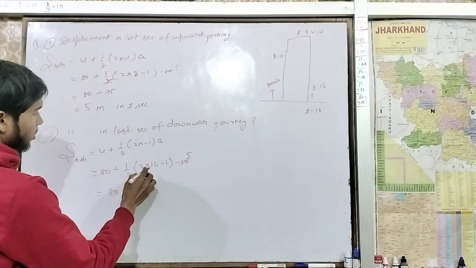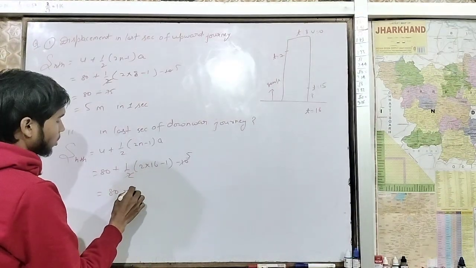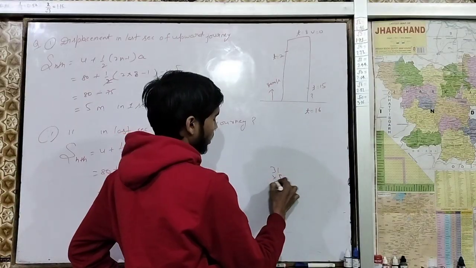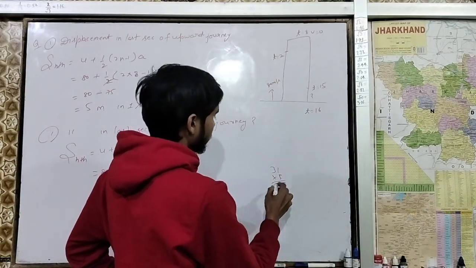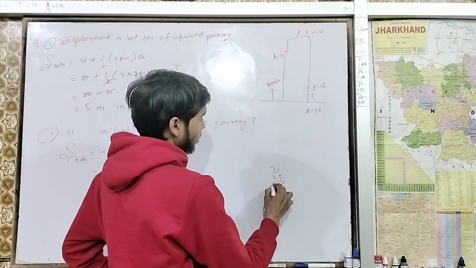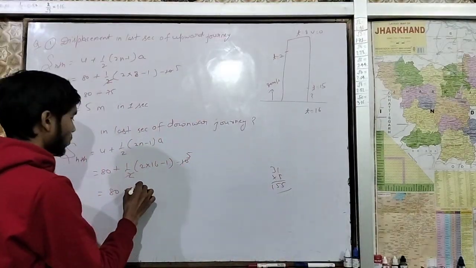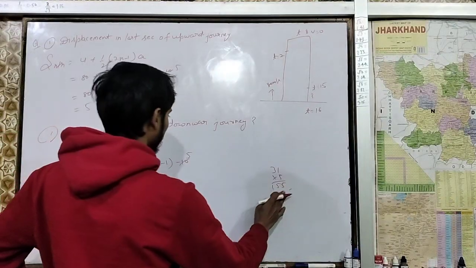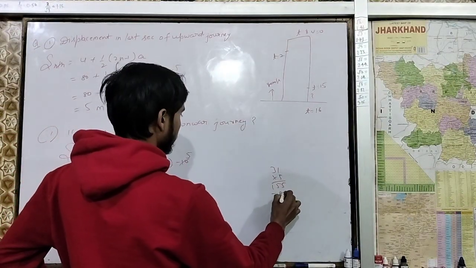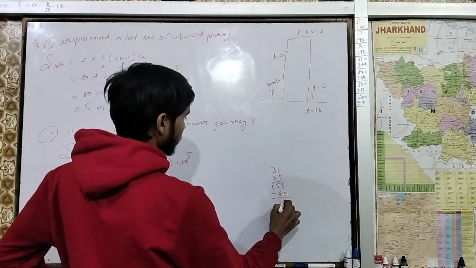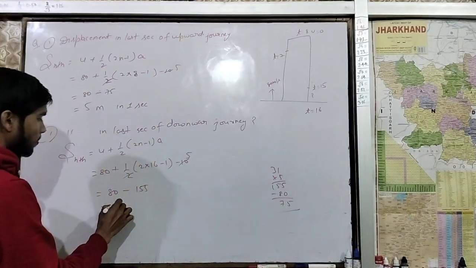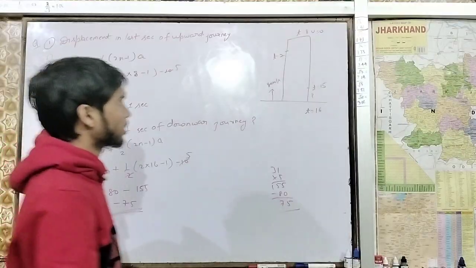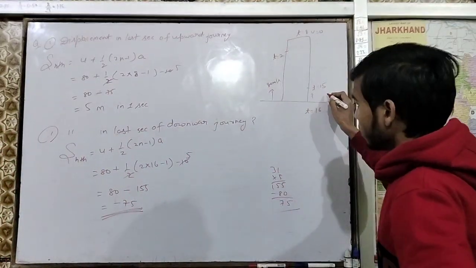Minus 31, 5 ones are 5, 5 3s are 15, 155. 80 minus 155 is minus 75. This is our displacement downward, minus 75.